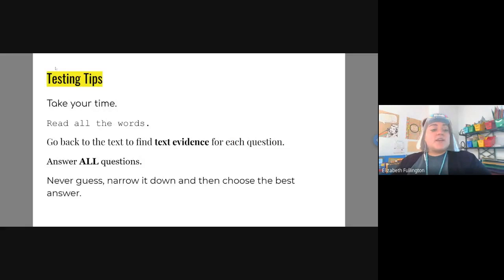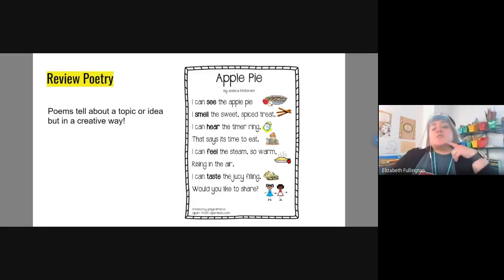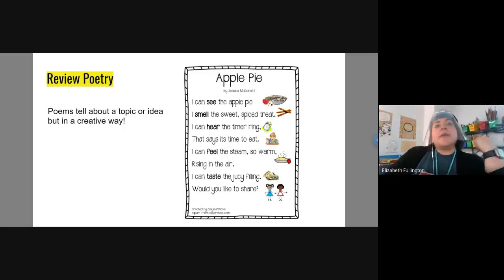So it says here in this poem, what are some rhyming words that we could pair together? There's two words. They're usually at the very end. Clinton, what are two rhyming words that you see? They're usually at the end of each sentence or each line.